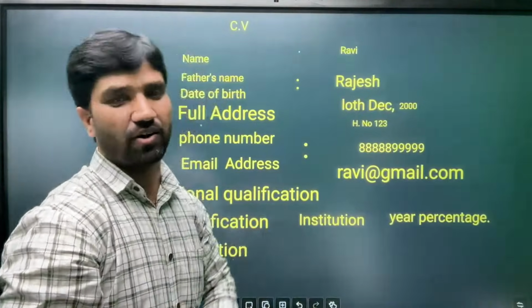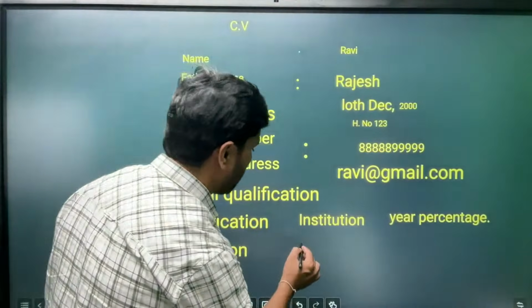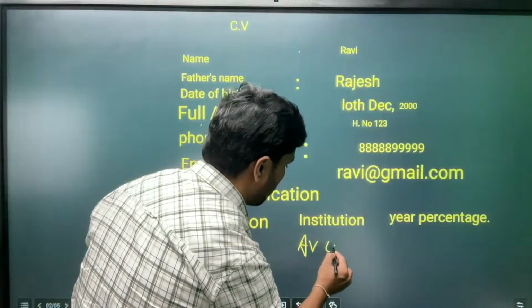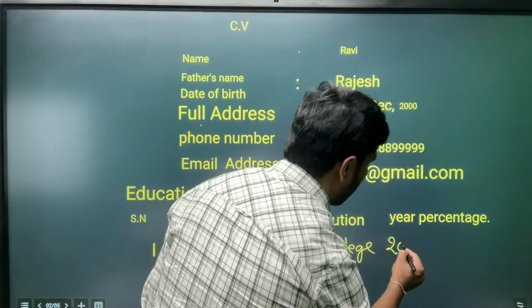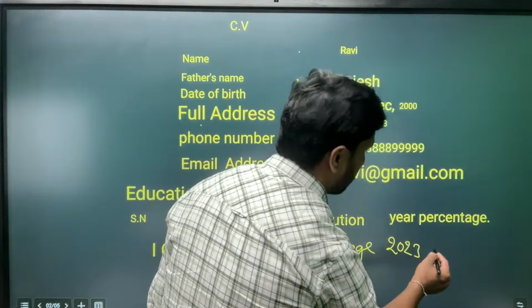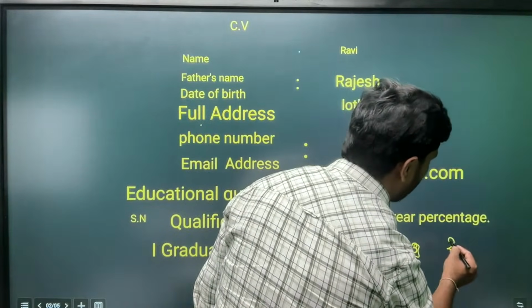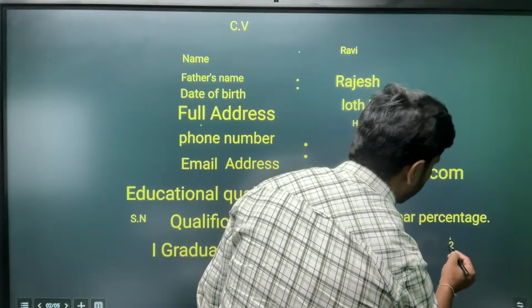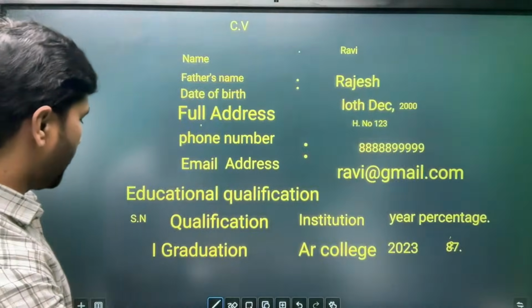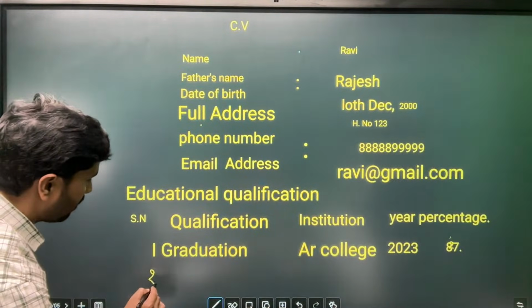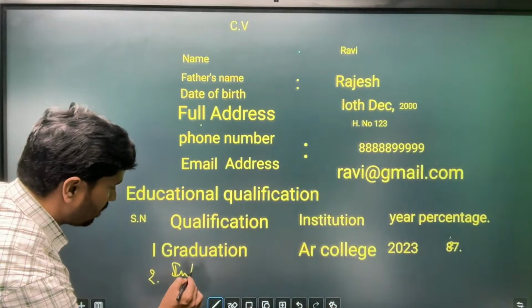You can write any college name here, for example, AV College. The year, 2023. The percentage, like 82%.